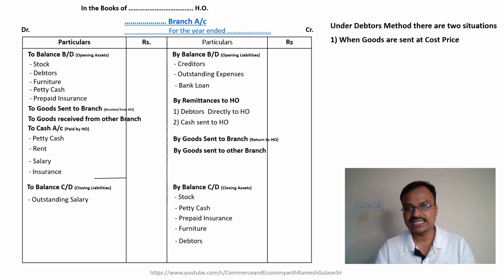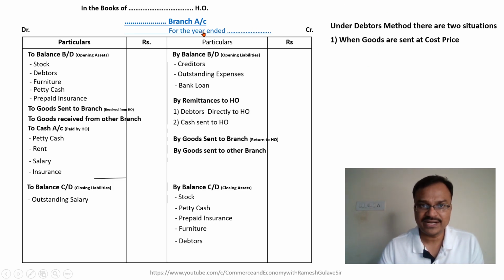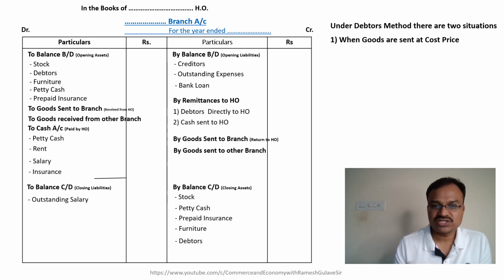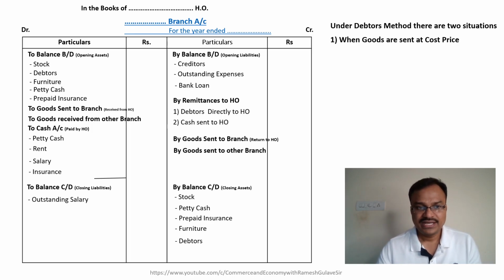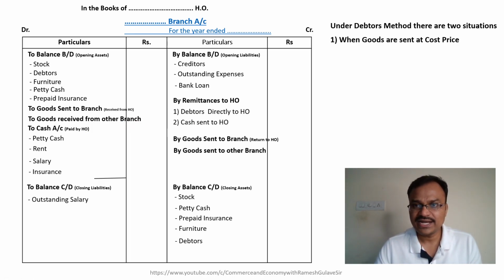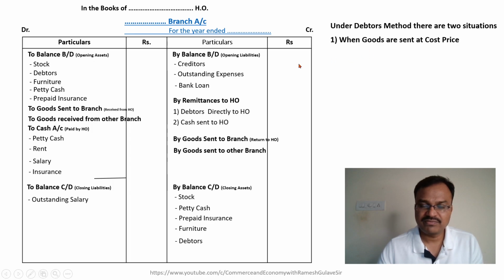Our branch account is prepared in this situation as this, like we record opening balance of assets, closing balance of assets, opening balance of liabilities, closing balance of liabilities, then expenses, goods sent to the branch, goods returned by branch, and remittances are recorded here, right? So when goods are sent at cost price to the branch, we prepare branch account in this format only, right?